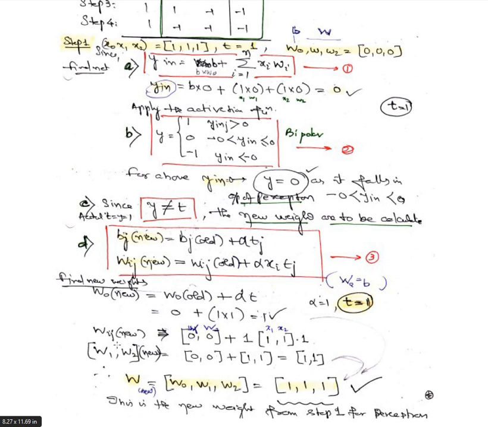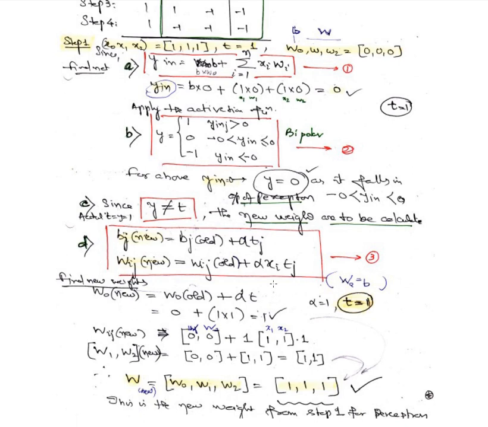When you are going with the new weights, W new is equal to W1, W2, that is the old weight, 0 and 0, plus alpha into target into x_i. Alpha is 1, and target is also 1 here.